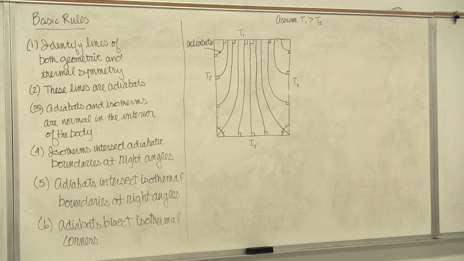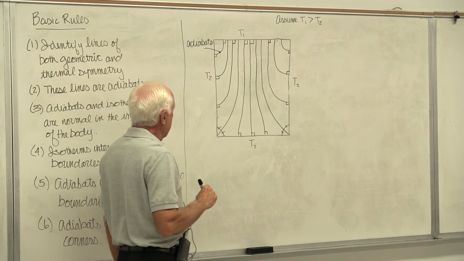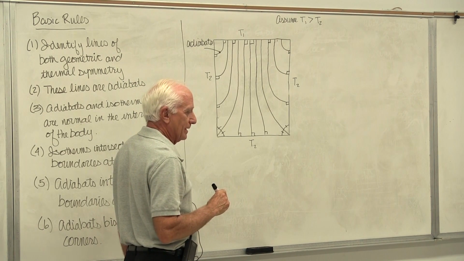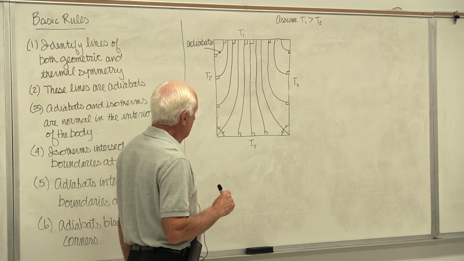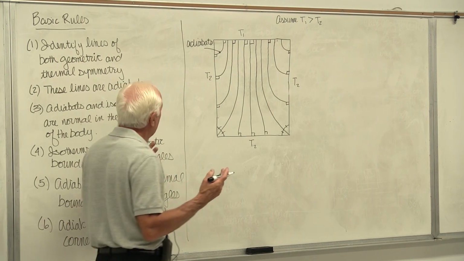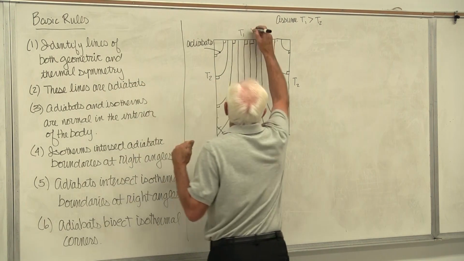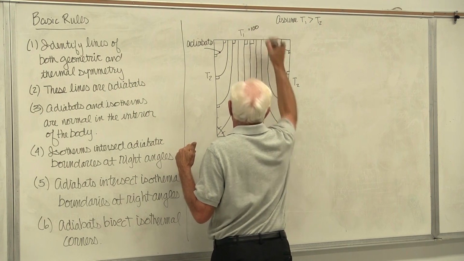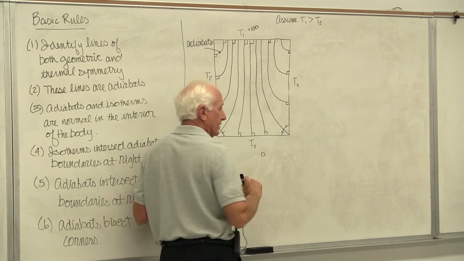T1 is hot, T2 is cold. Now I'm going to draw the temperature lines. Start with the easy one first. If it helps you to put fictitious numbers, go ahead. I'll pretend this is 100, this is 0 degrees.